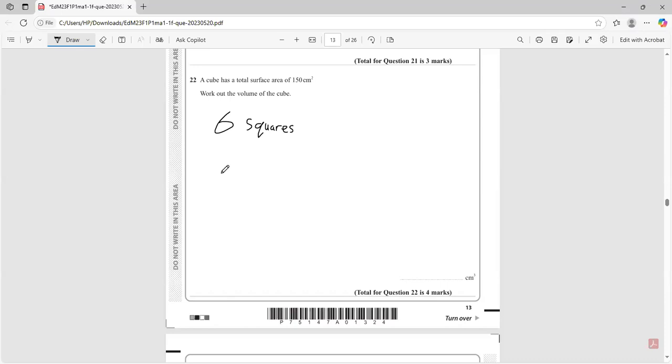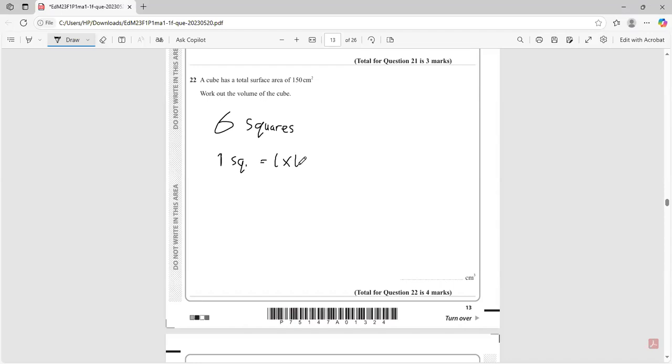Okay. So if we understand that, for 1 square, let me just write it like this. I don't want to write it in full again because of time. For 1 square, the area is given by what? L times what?